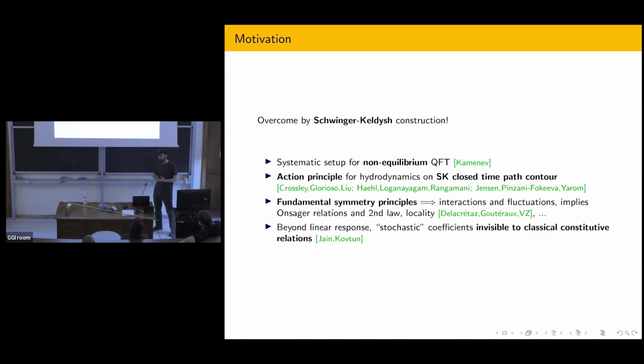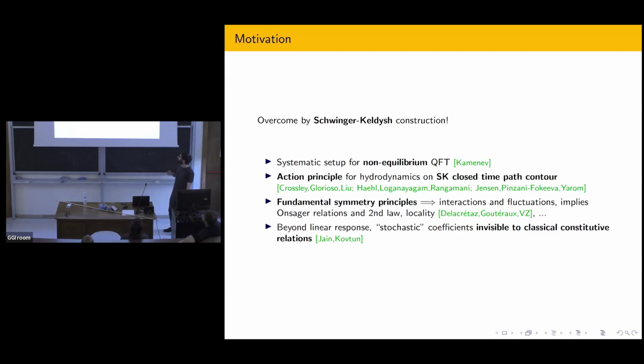It also uncovers some fundamental symmetry principles which lead to systematic inclusion of interactions and fluctuations, and which imply the Onsager relations and the second law of thermodynamics, which we usually impose by hand after writing down the constitutive relations.